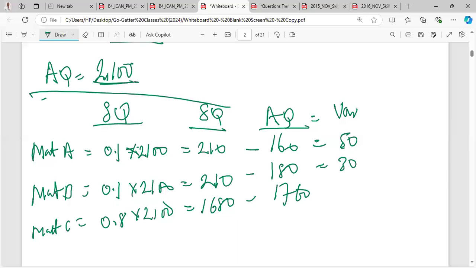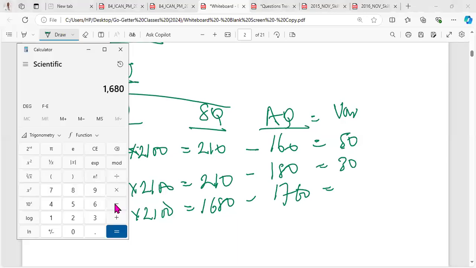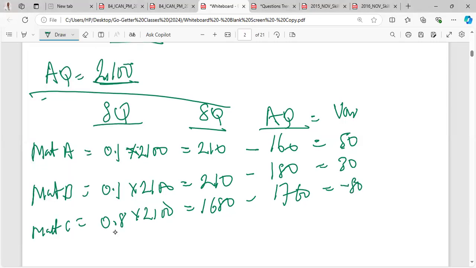Then here, 1680 minus 1760 gives us minus 80. Of course, we now have the selling price, standard price.